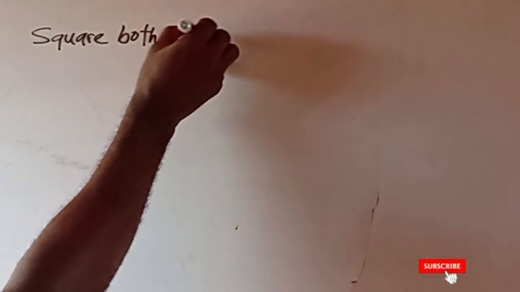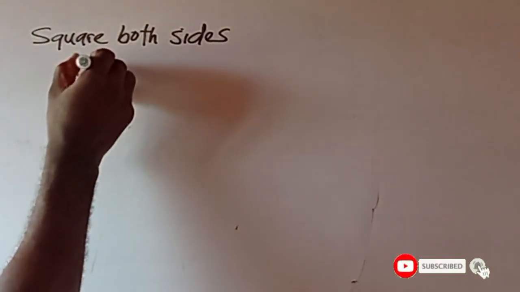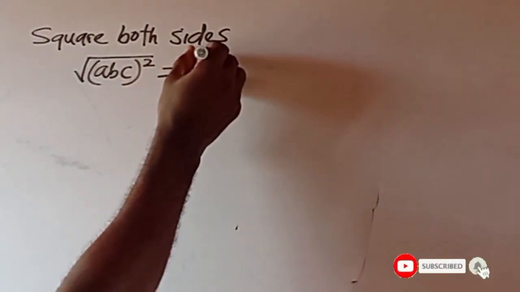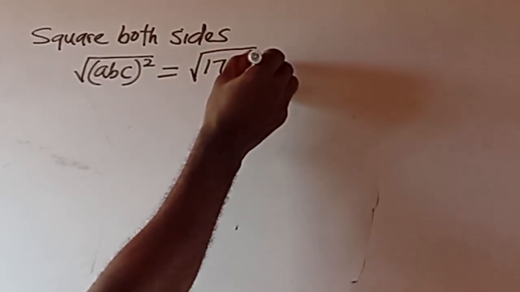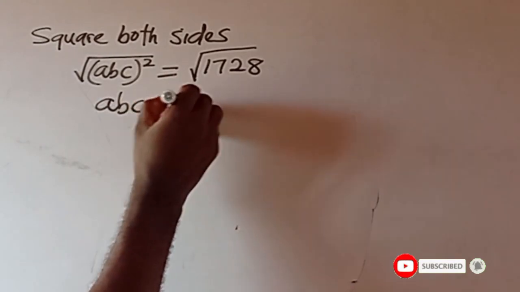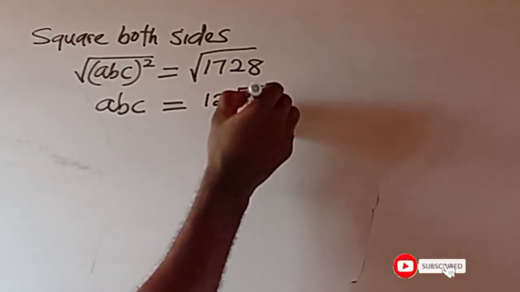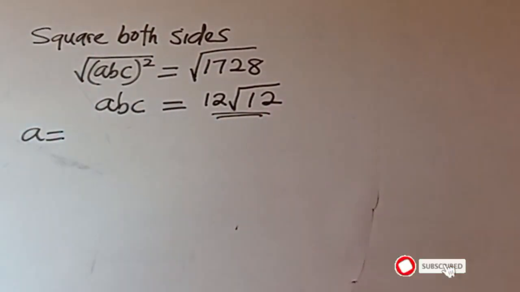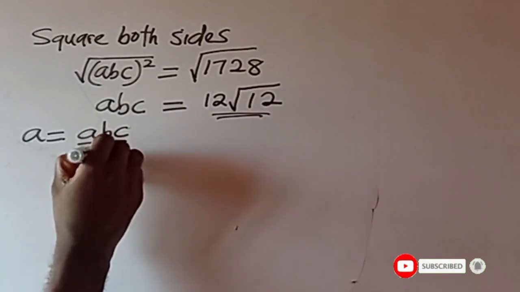Now let's square root both sides so that we can remove the square and have ABC as our subject. So you square root 1728, and ABC equals 12 times 12 times 12, which is going to be 12 root 12. Now ABC is equal to 12 root 12.